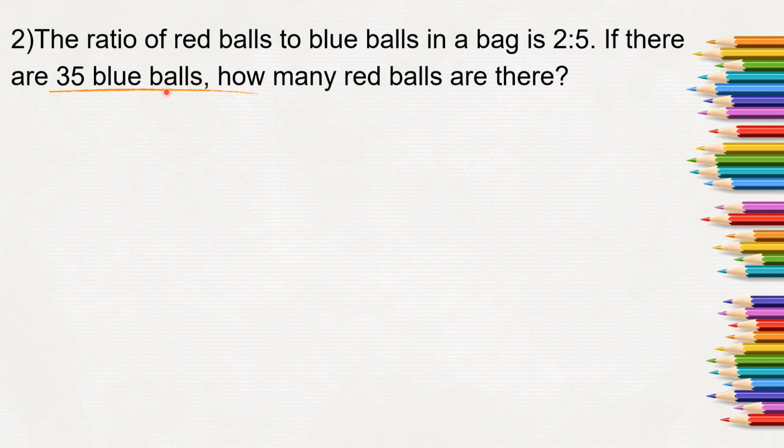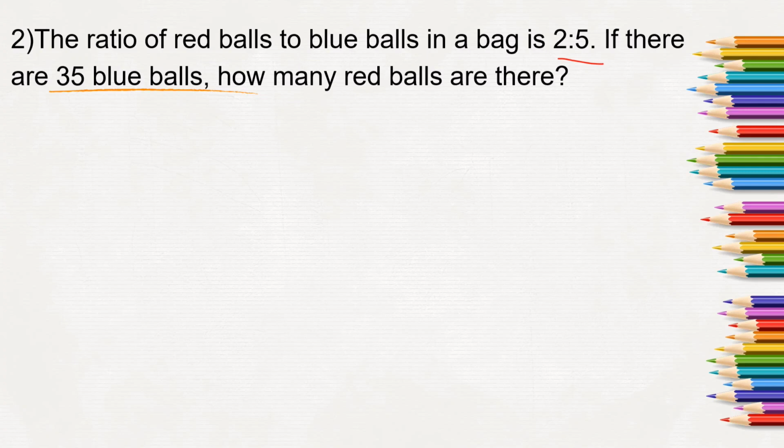Ratio 5 means 35 blue balls. Ratio 2 is red balls. We have to find out how many red balls are there.